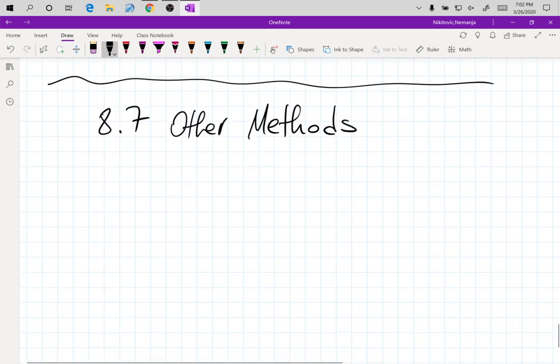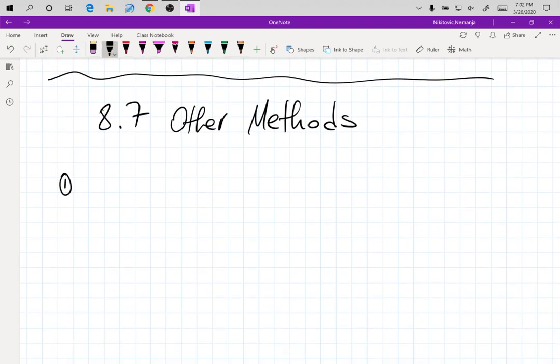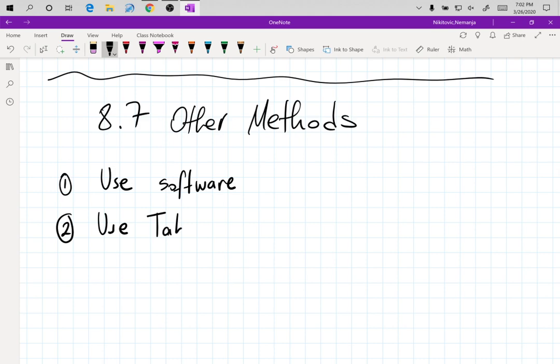I'm just going to say number 1, use software, and number 2, use the table of integrals in the back of the book.